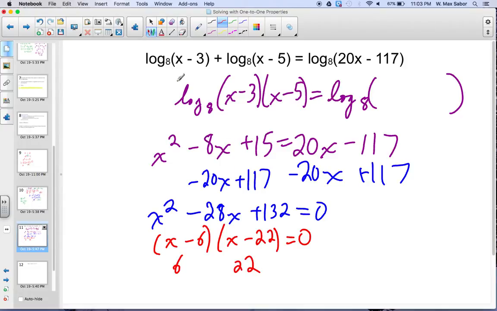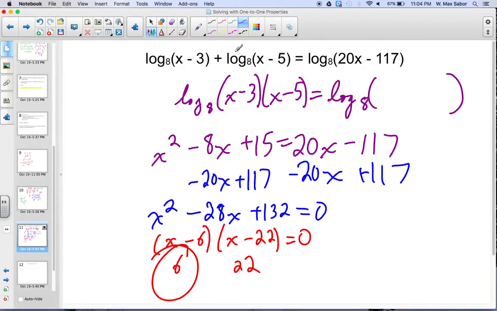Let's substitute those in. 6 minus 3, that works. 6 minus 5, that works. Now I'm just checking to make sure that they can be substituted into log. 20 times 6 would be 120, minus 117 is 3, so that's fine. 6 is an actual solution. Let's try 22. 22 minus 3 is 19.